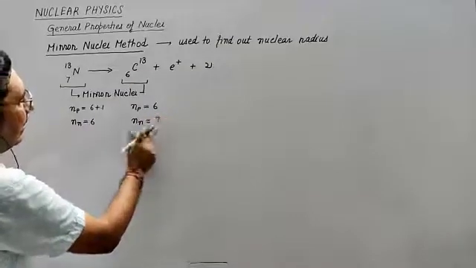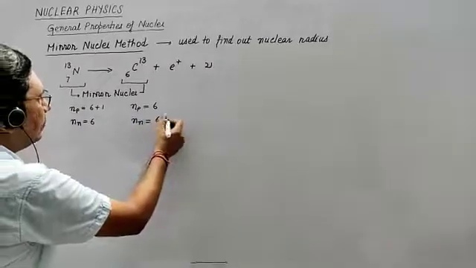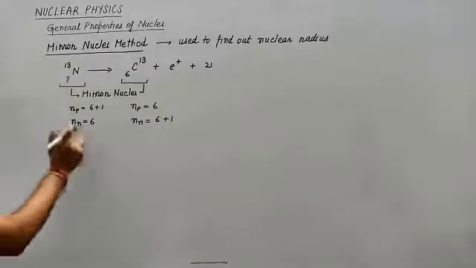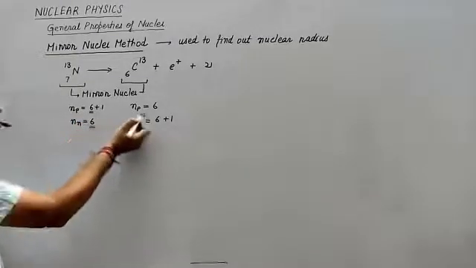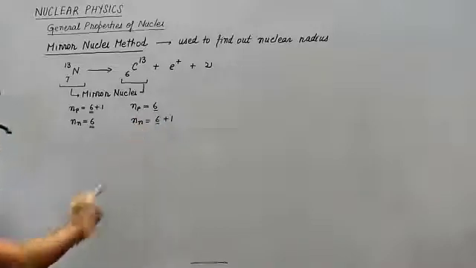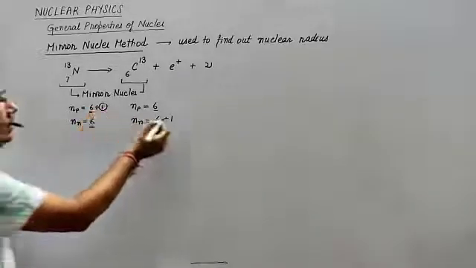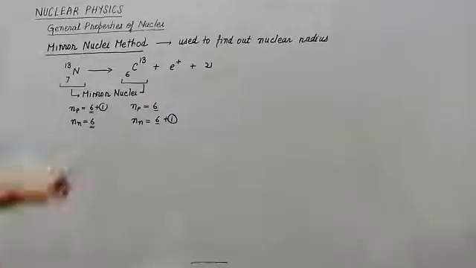Again I am writing this 7 as 6 plus 1. You can observe one thing: these 6 protons and 6 neutrons are common on both sides. Only on the left hand side we have one extra proton, and on the right hand side we have one extra neutron.